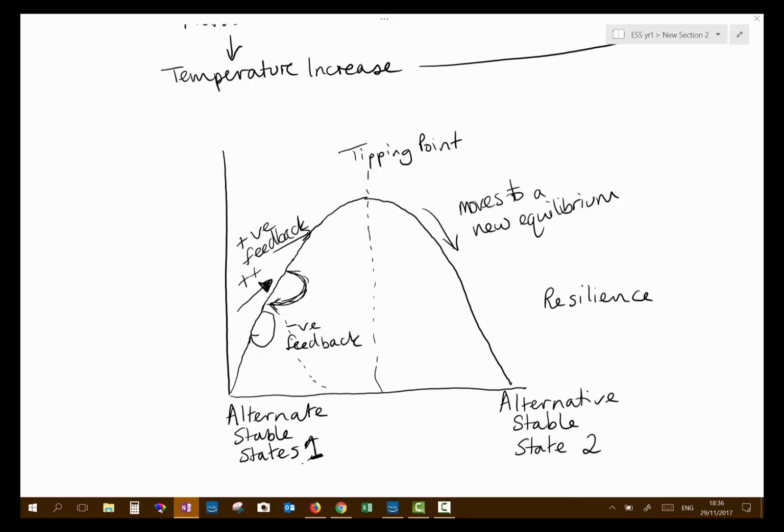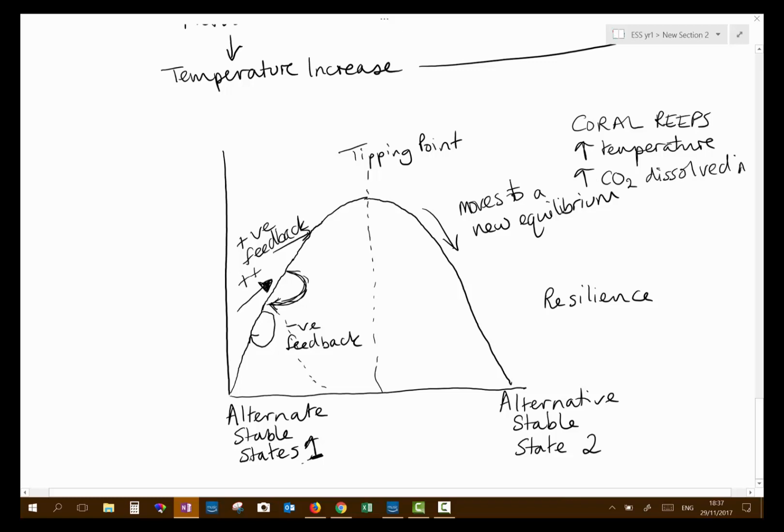So an example of this would be coral reefs. We've looked at coral reefs in class, and coral reefs under stress of increased temperature and increased carbon dioxide dissolved in the water, so that there's an acidification of the water.